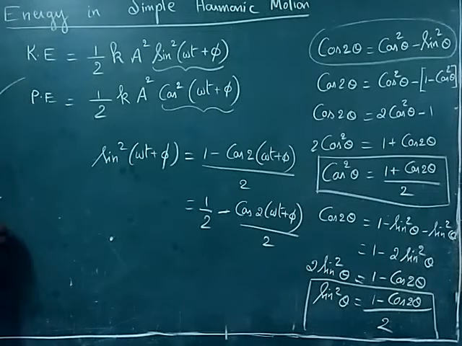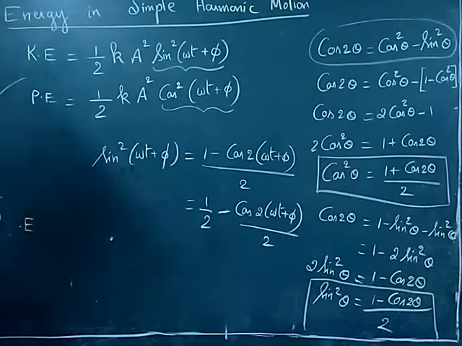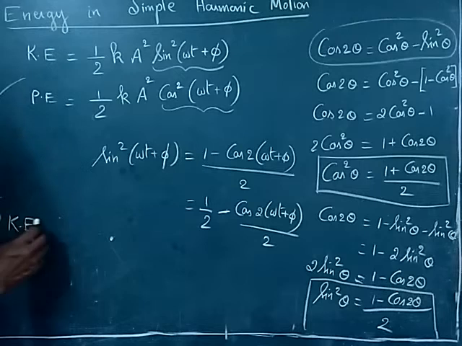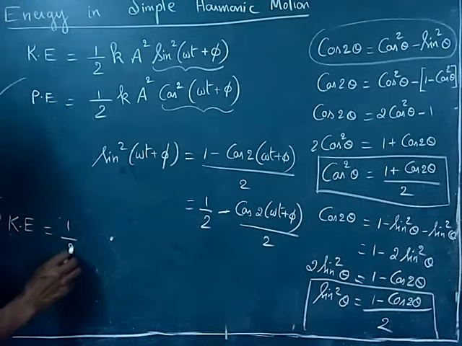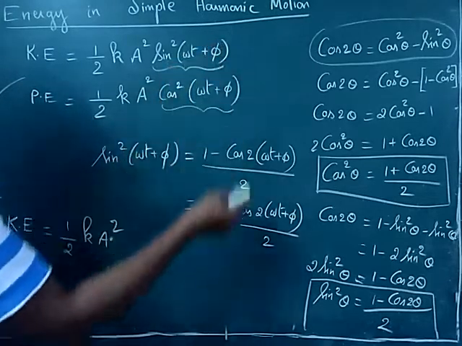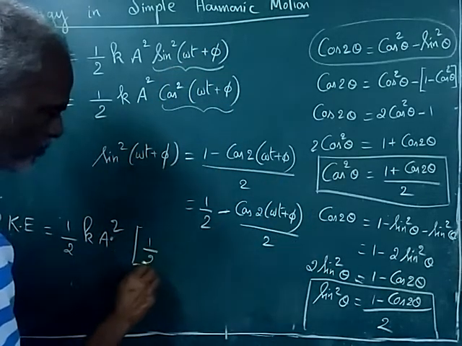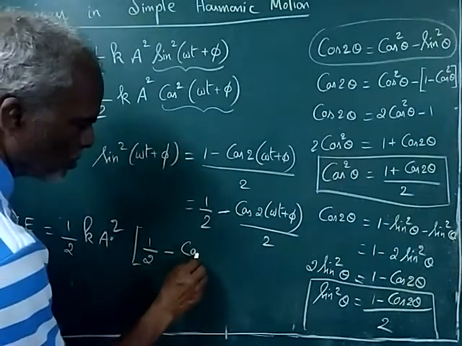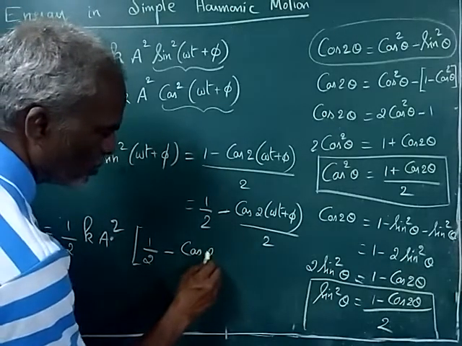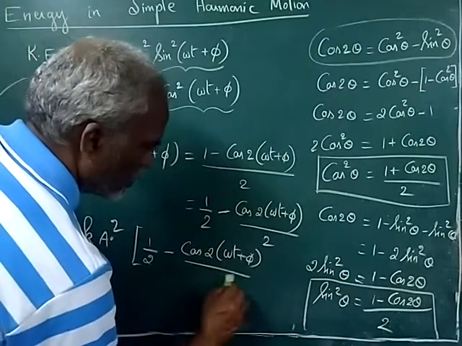The kinetic energy is equal to half k a square. This sin square value is replaced by this one, that is half minus cos 2 omega t plus phi divided by 2.